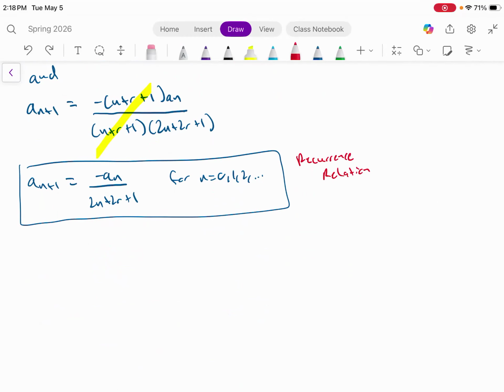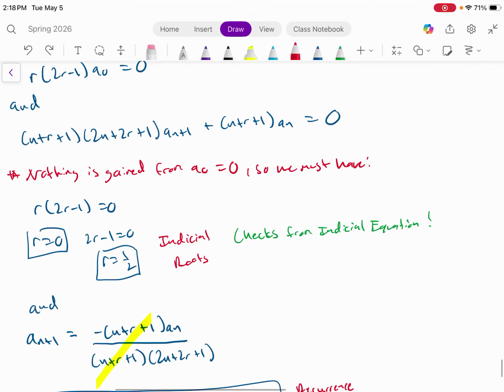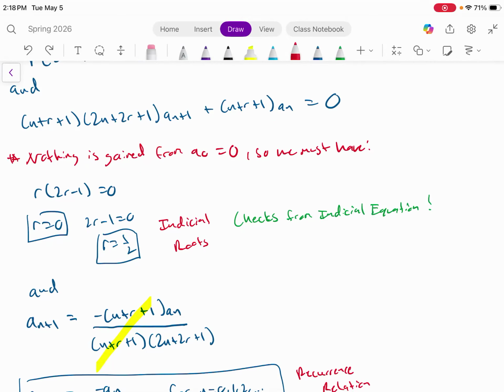Okay, so that's my recurrence relation. But now we need to find the power series solutions for both of these roots, r equals 0 and r equals 1/2.